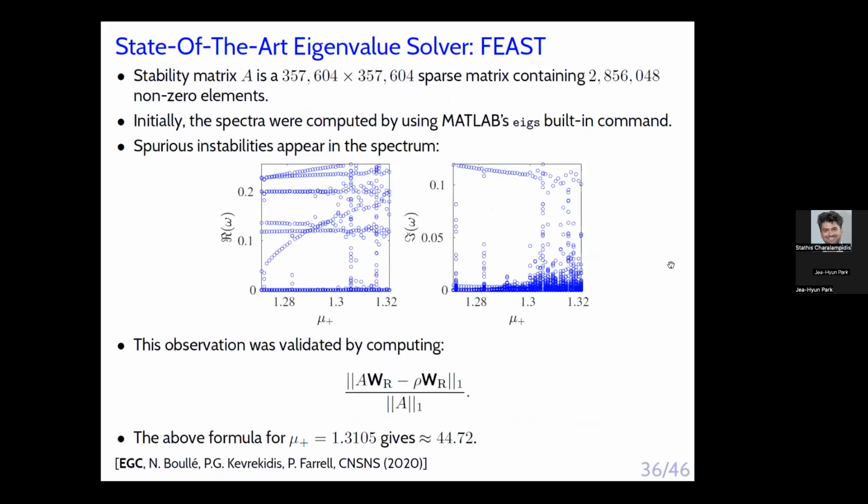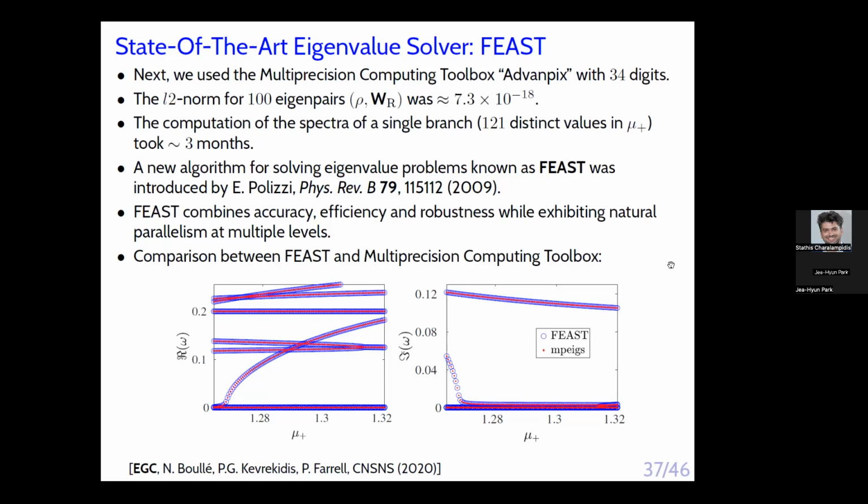I checked the condition number of this matrix. It was something like 10 to the power of 19, or 10 to the power of 10, which means that it is really sensitive to finite precision. So I said, if I carry out the computation in extended precision, maybe I can keep the perturbations coming from finite precision as small as possible.